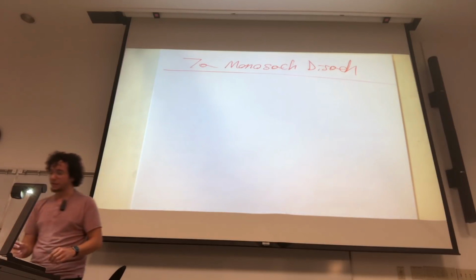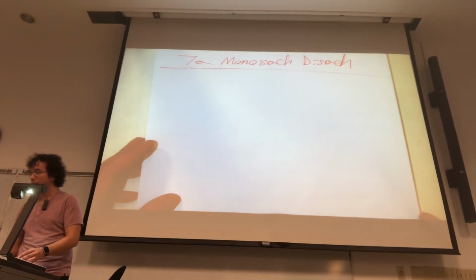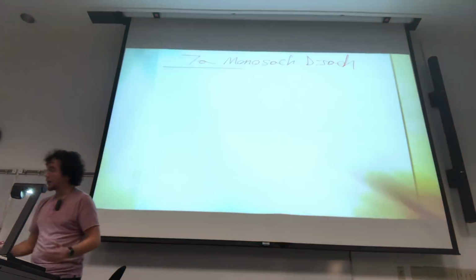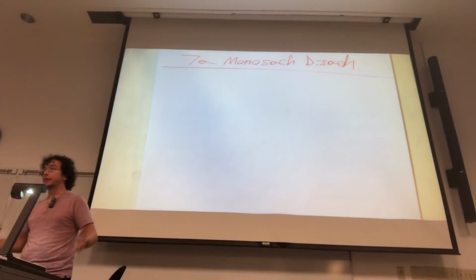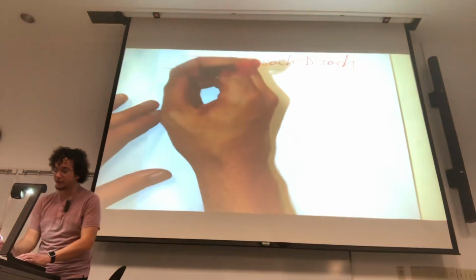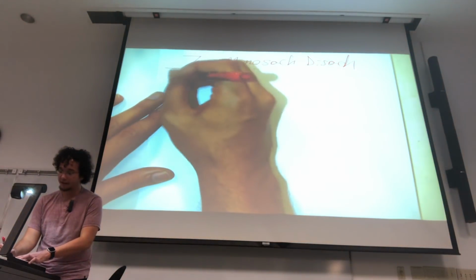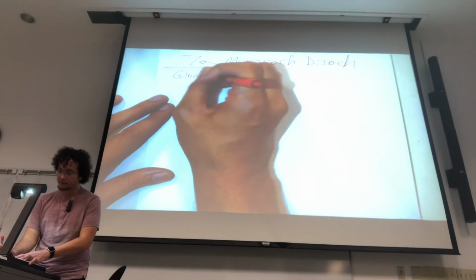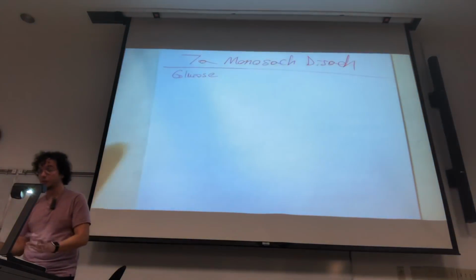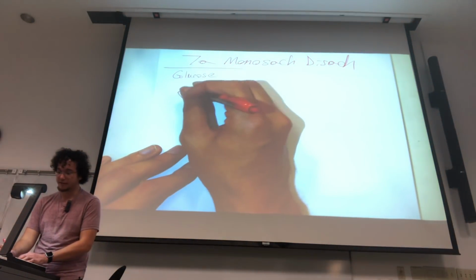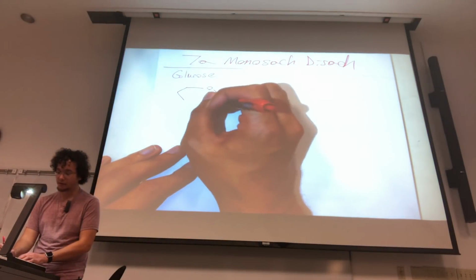But the most important bits of information here are you need to know the different monosaccharides that were talked about in class. You need to know the structures, what the following monosaccharides look like, what glucose looks like, which I will draw this one because it's the easiest one to memorize.